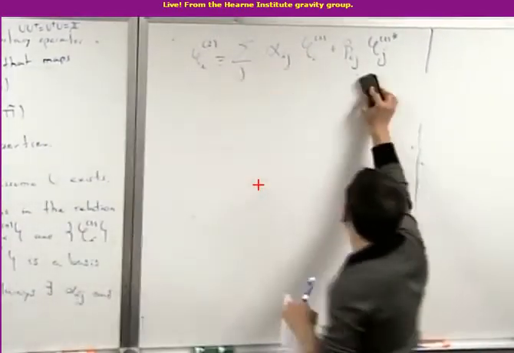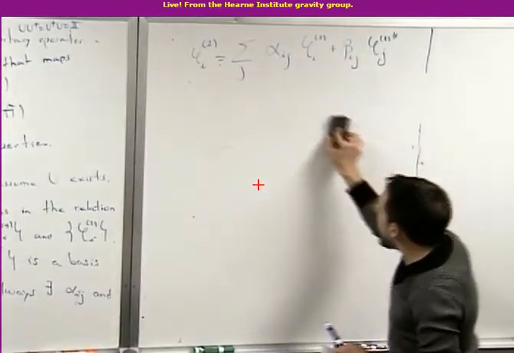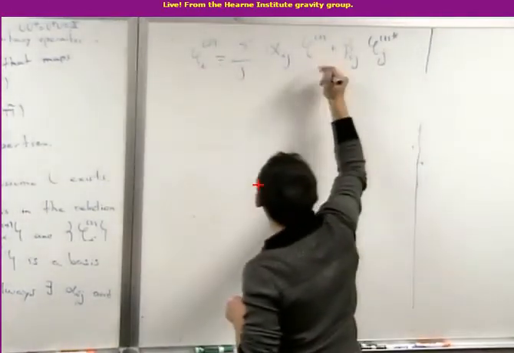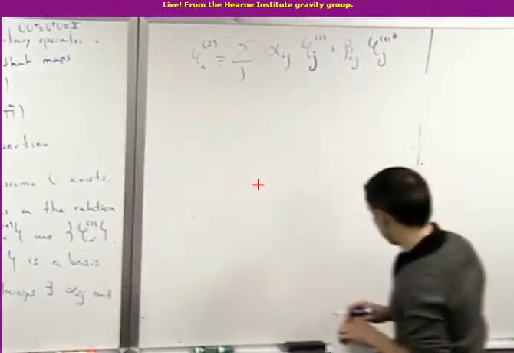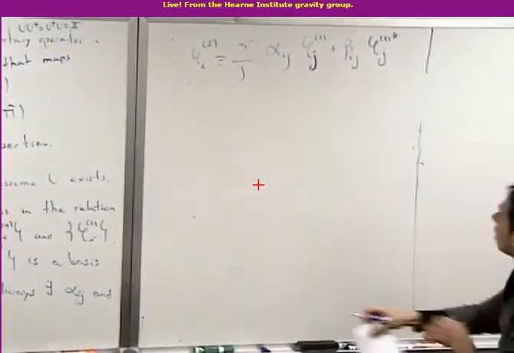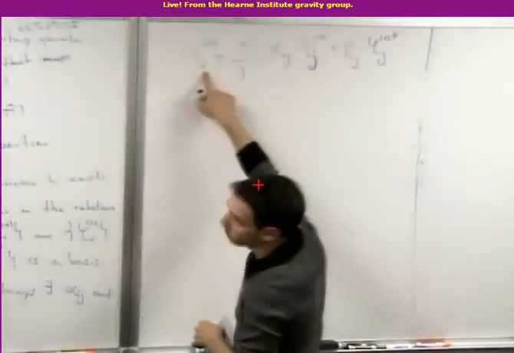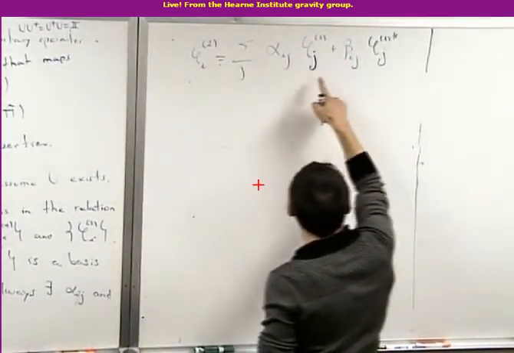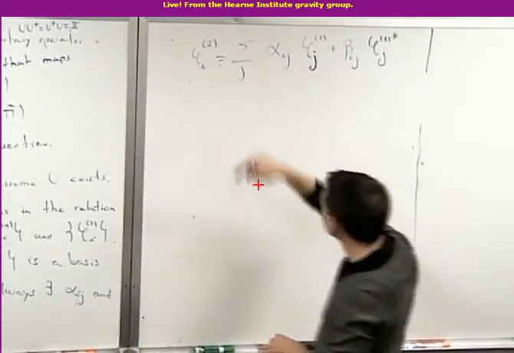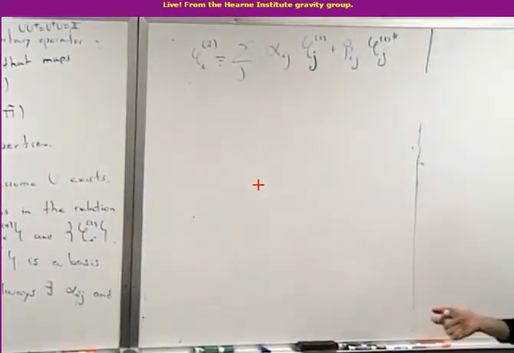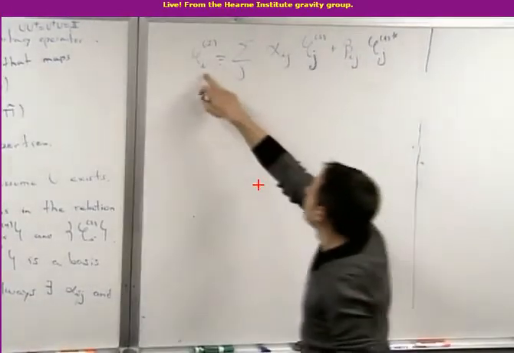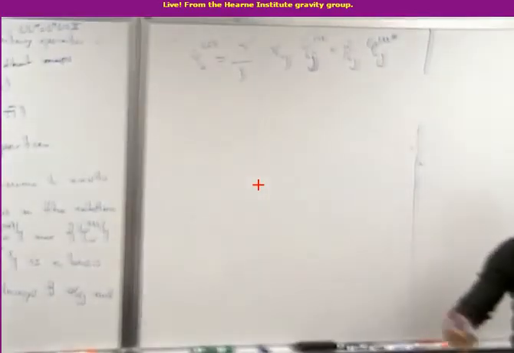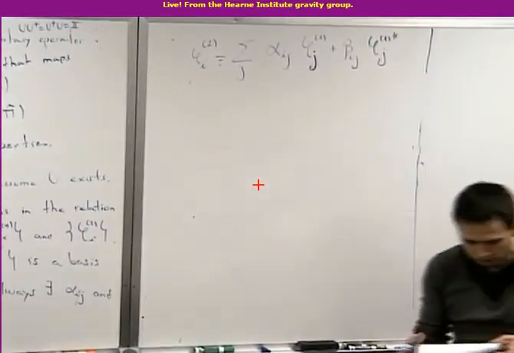Now it's a bit more complicated than in the case of the single harmonic oscillator, because now the basis has more than one element, so we need an index for the basis 2, an index for the basis 1, and therefore the coefficients alpha and beta carry two indices. In the harmonic oscillator, there were no indices, and therefore alpha was just a number. Now alpha is a matrix, which is in fact an infinite dimensional matrix.